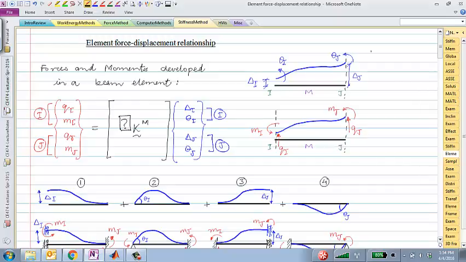How do I relate each one of these forces to each one of these displacements? And we'll do that by doing these four cases.